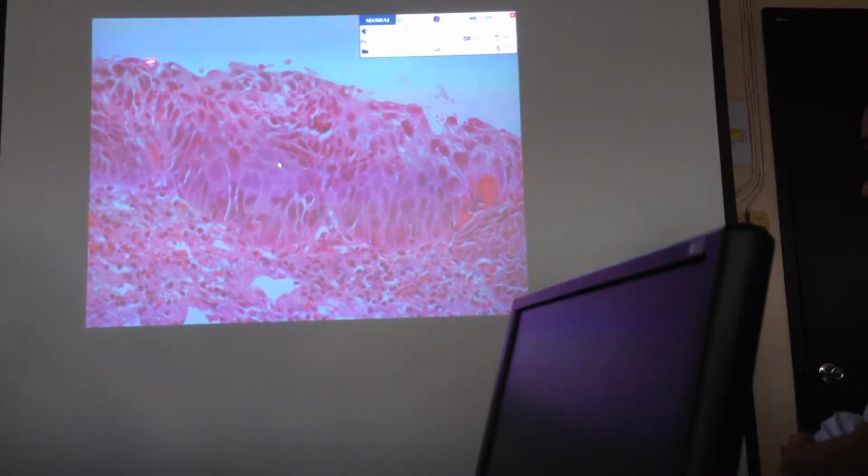So if there's still maturity on the uppermost portion, then that's labeled as severe dysplasia. But if you have the presence of atypical cells up to the uppermost portion, this would be labeled as carcinoma in situ in the old classification, or CIN3 still in the new classification. So that's the difference.